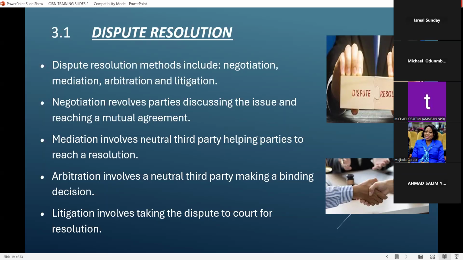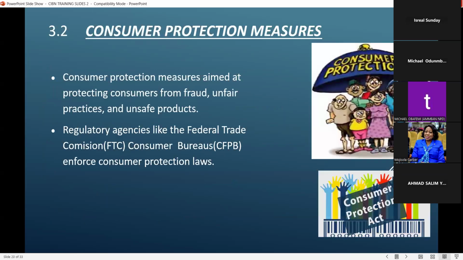We come to consumer protection measures. Consumer protection measures are aimed at protecting consumers from fraud, unfair practices, and unsafe products. Unfair practices, cutting corners. Are we in business? Are we cutting corners?